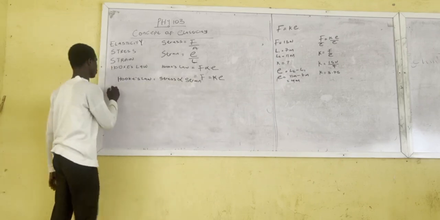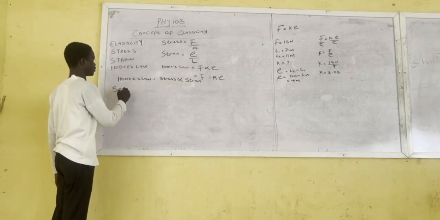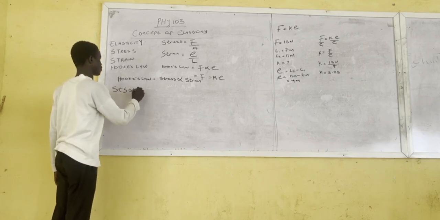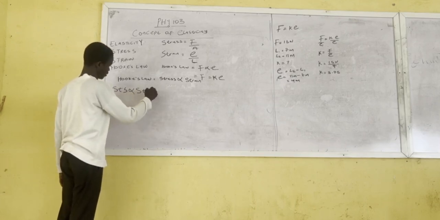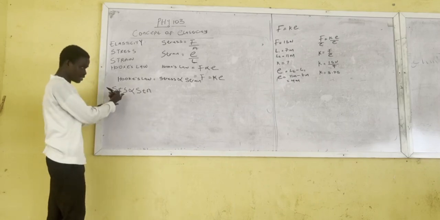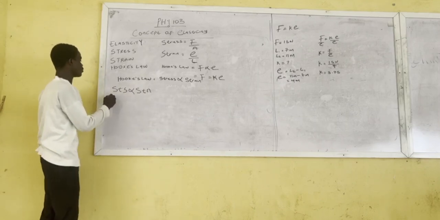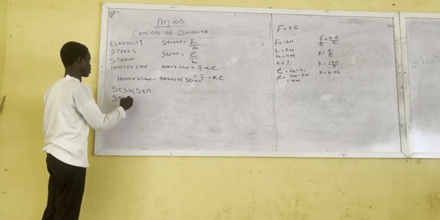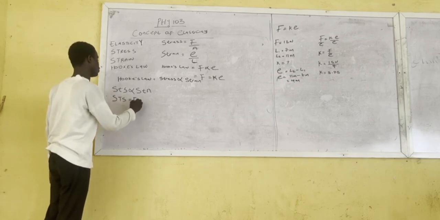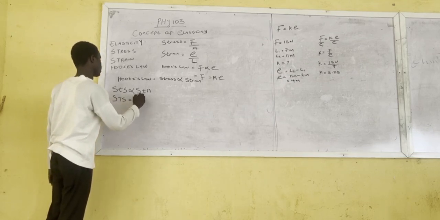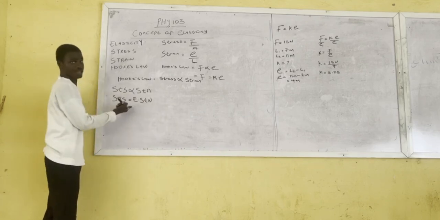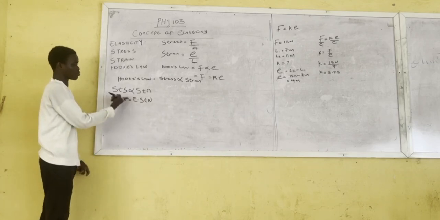Okay, stress is directly proportional to strain. And you can see this mathematically, we can say stress is equal to E multiplied by strain. And E is a constant that we introduce to balance this.